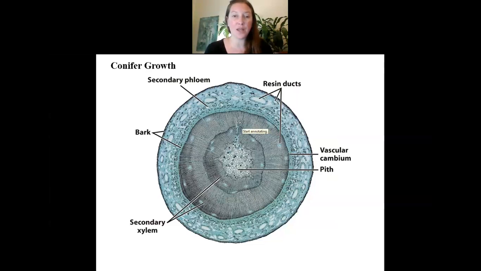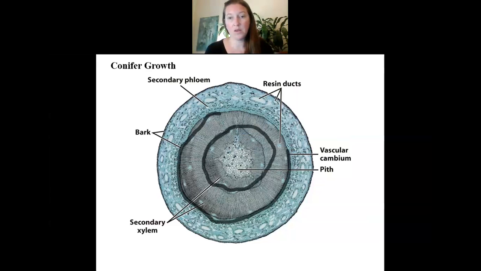But let me just show you again how to tell how old a tree is. Remember, what you want to count is the annual rings. One annual ring is made up of spring and summer wood. So this here is one annual ring. This here is one annual ring. So we can say without a doubt this tree is at least 2 years old.